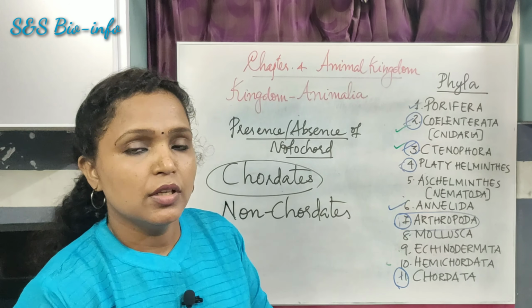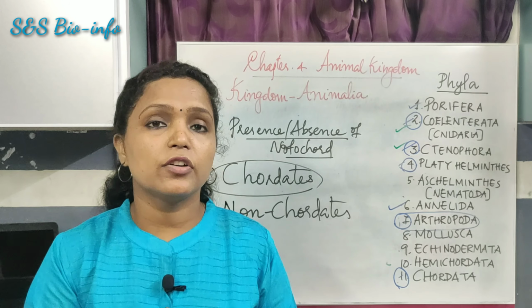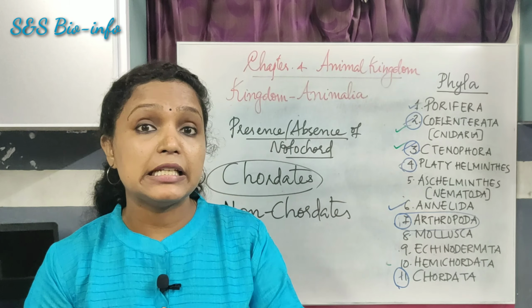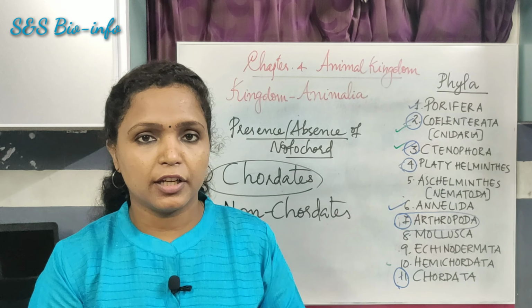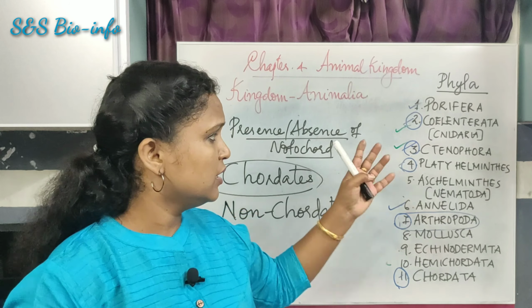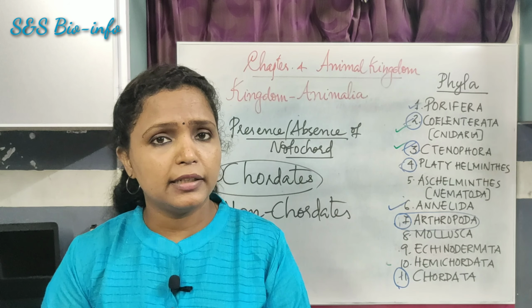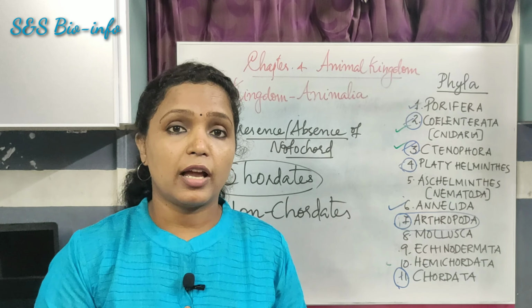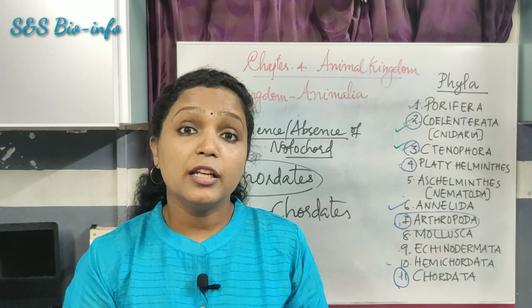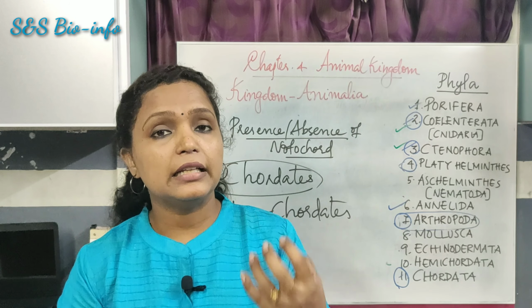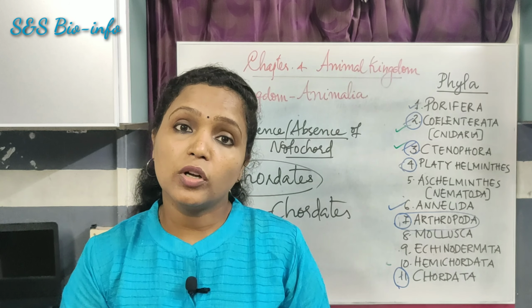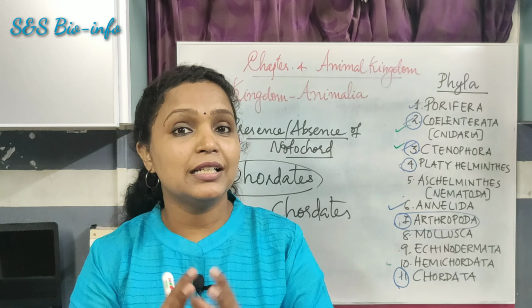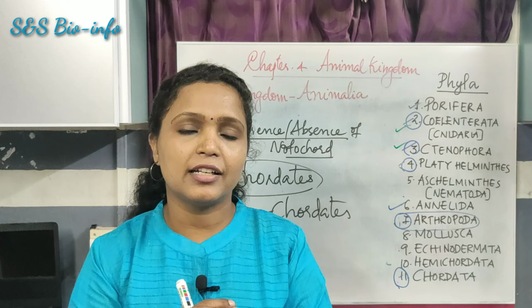Non-chordates. Okay. So today we have learned about the basis of classification of kingdom Animalia. Then we have learned about 6 criteria that are used for the classification of kingdom Animalia. So the entire phyla in the kingdom Animalia can be grouped into various levels according to the presence or absence of these features. The animals are grouped into various phyla in the kingdom Animalia, not only based on these fundamental features but also based on distinct morphological and anatomical features.